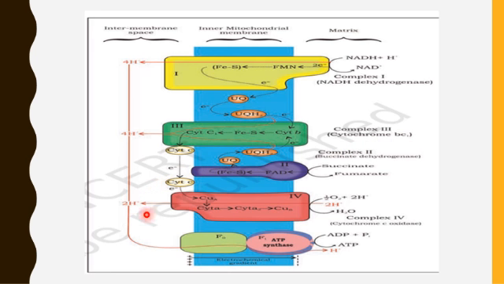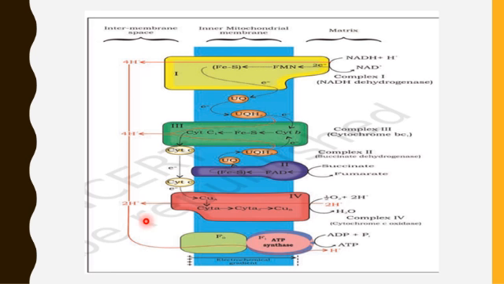But for coming back from the intermembrane space to the matrix, the route is only through complex 5, that is coupled with ATP, your oxysome made up of two units, F0 and F1, and F1 has the ATP synthetase.